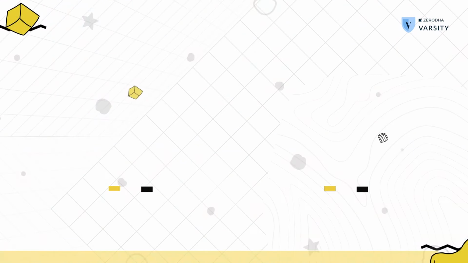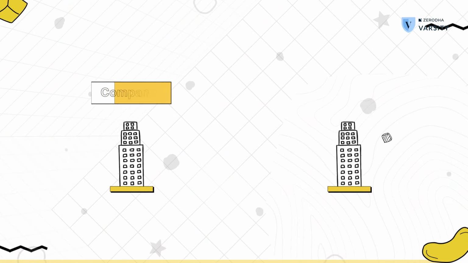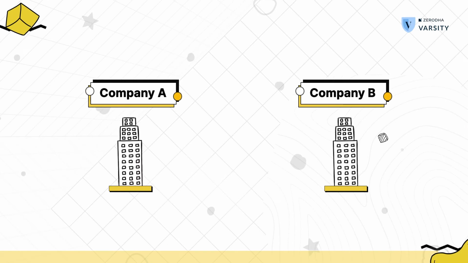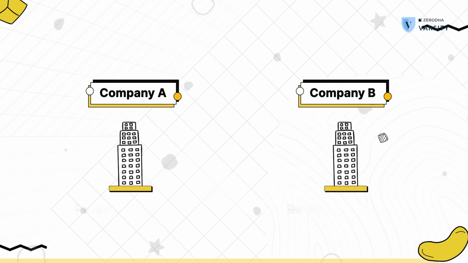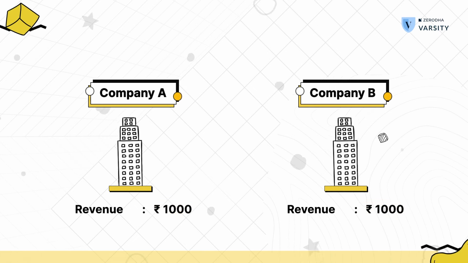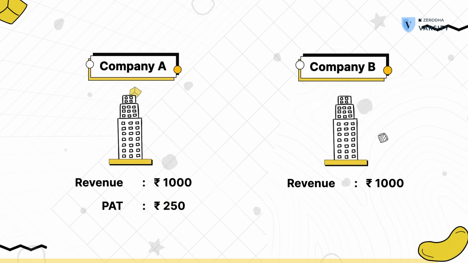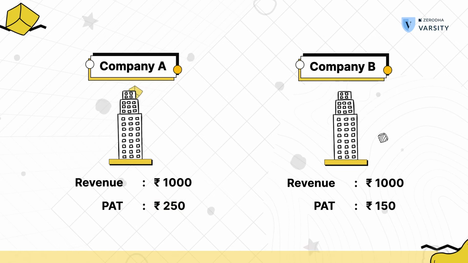Here's one last thing that you need to remember while calculating the price to sales ratio. Assume that there are two identical companies, Company A and Company B, selling the same product. Both companies generate a revenue of 1,000 rupees each. However, Company A retains a PAT of rupees 250 while Company B retains a PAT of 150.